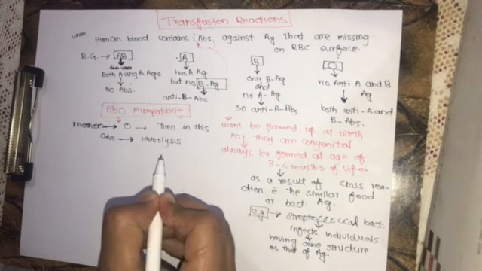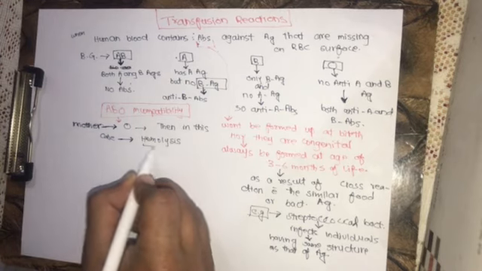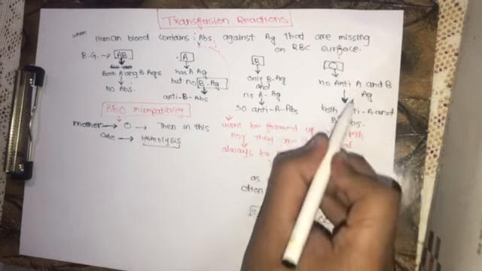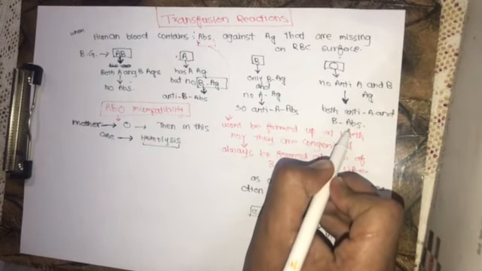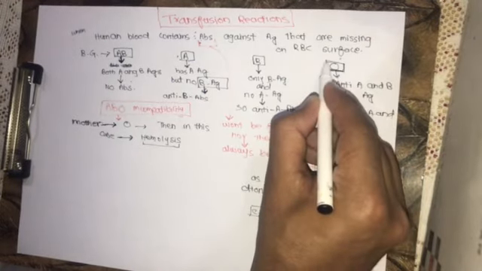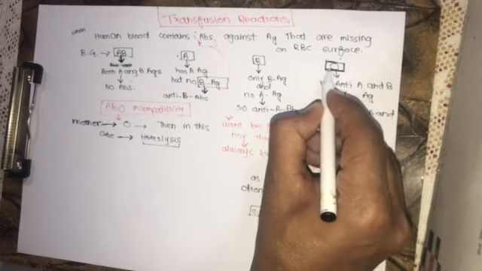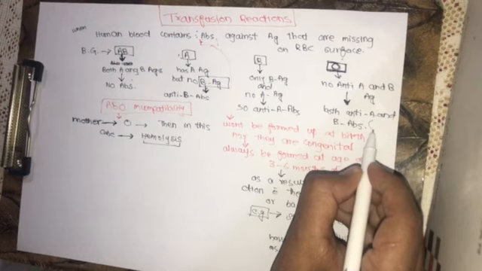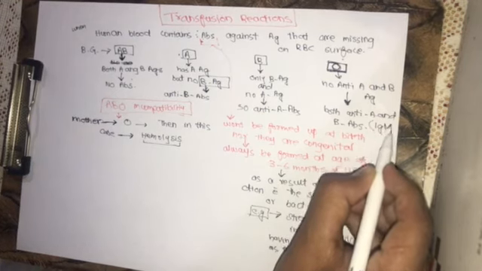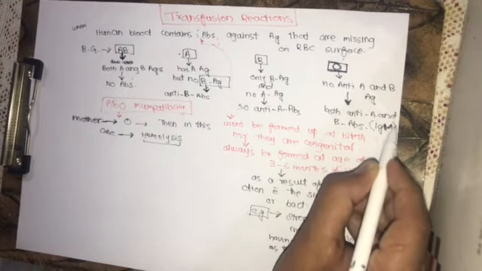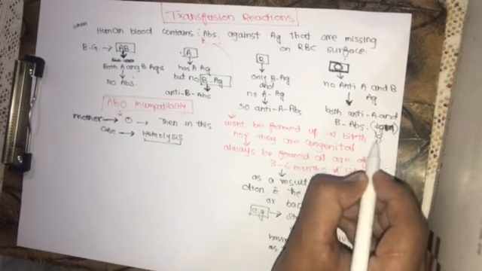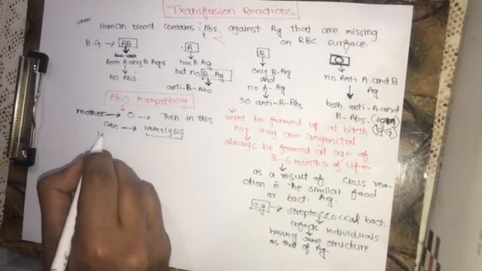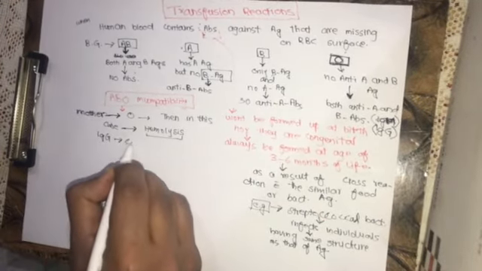We know blood group O has both anti-A and anti-B antibodies, and these antibodies are named IgG antibodies, and these IgG antibodies can cross the placenta.